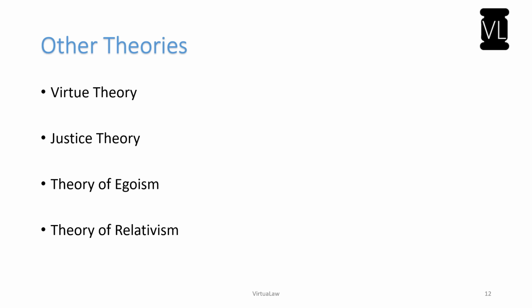And finally, the theory of relativism. Applying the theory of relativism, we mean that ethics can never be an absolute truth, which means ethics in one society or one religion or one state or one nation need not necessarily be ethical activities in another state or country or religion or community, right?